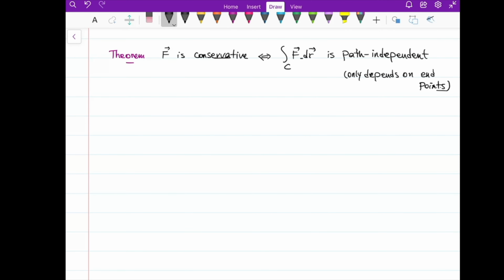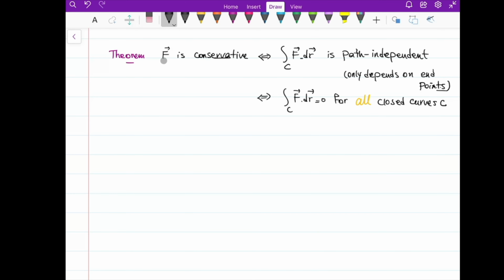And we can say that f is conservative if and only if the integral of f dr over the curve C is equal to 0 for all closed curves C. Okay, so it's a good theorem that says that if we have any of these two properties, it means that the vector field f is conservative.